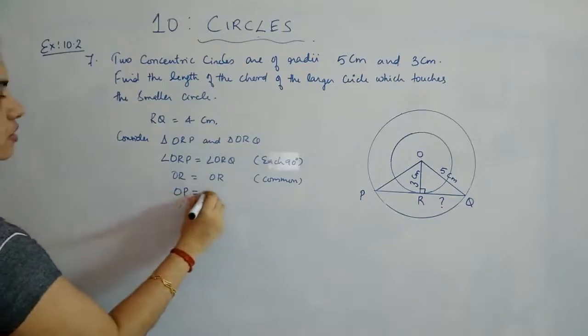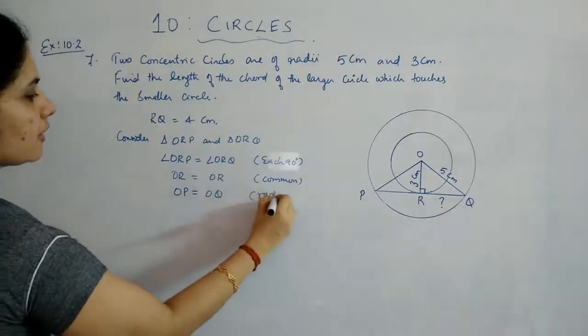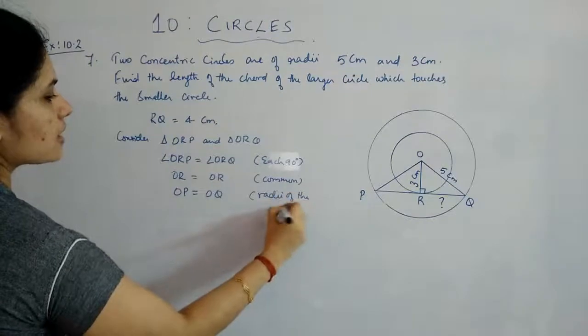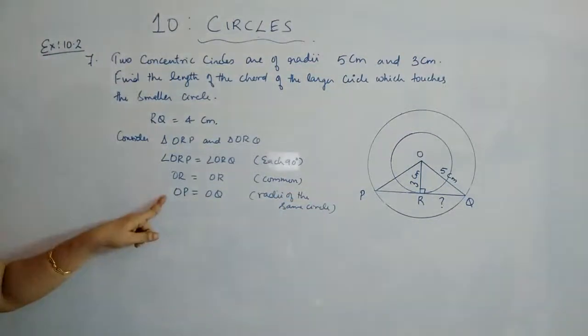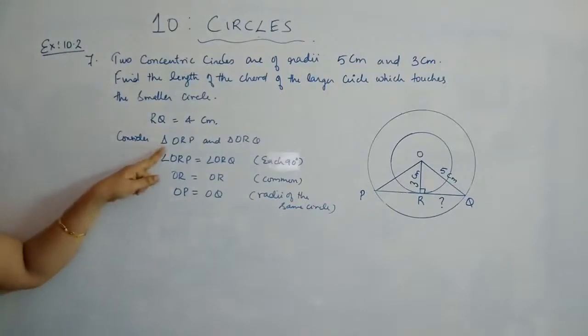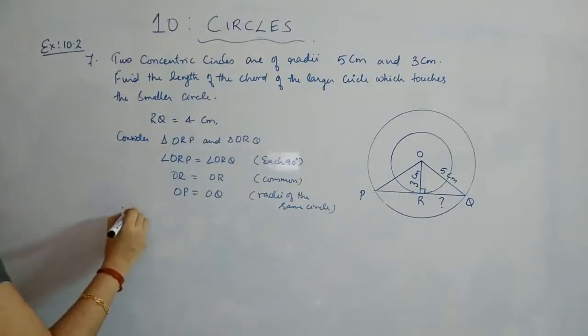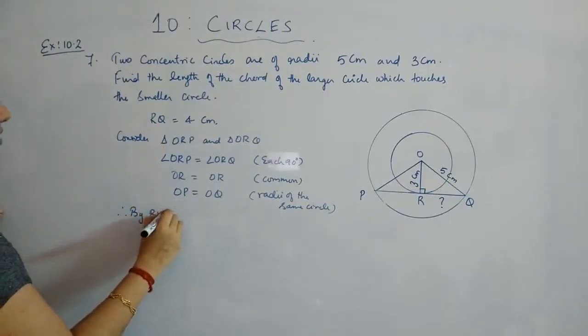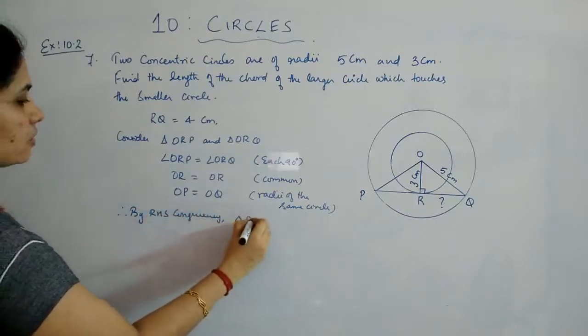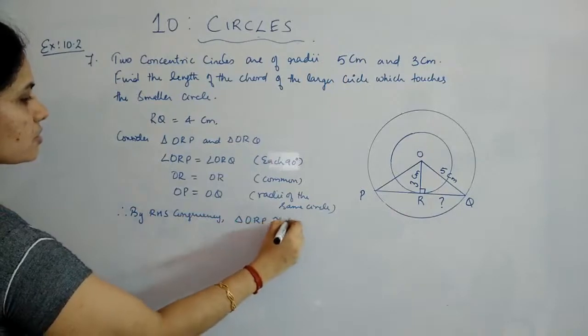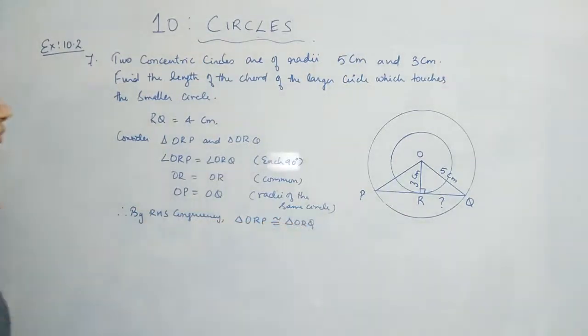So from these three concepts, you can say that the two triangles are congruent by RHS congruency. Therefore, by RHS congruency, triangle ORP is congruent to triangle ORQ.